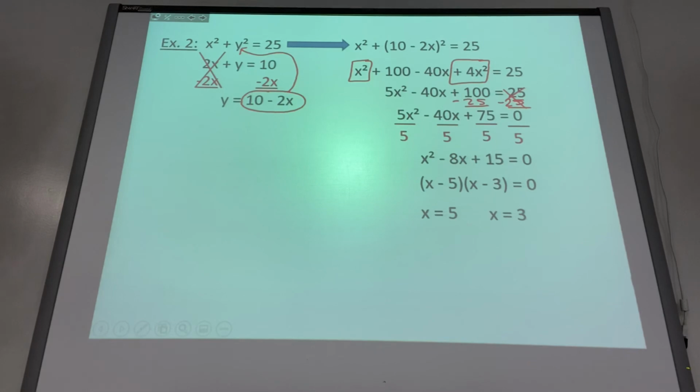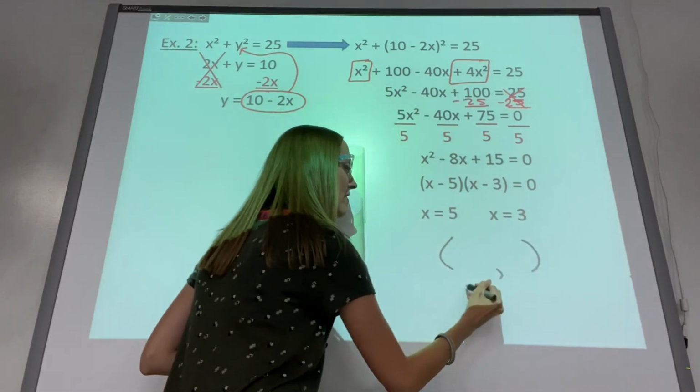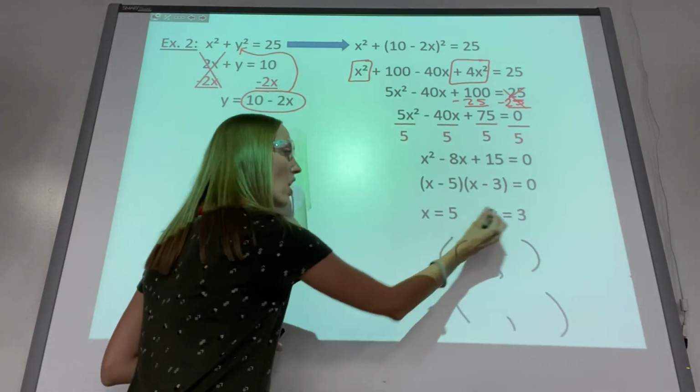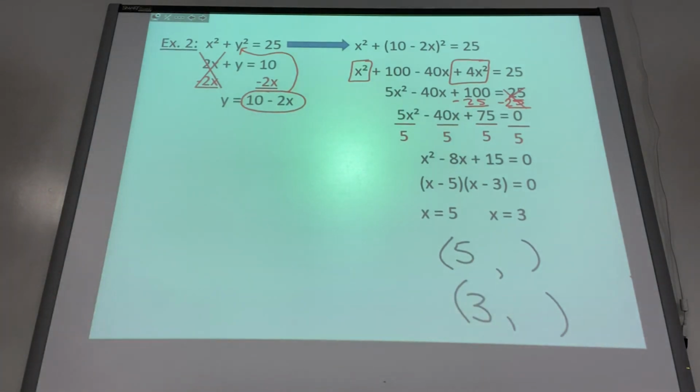I'm almost done. I do need to write these as ordered pairs, but I know as of now that there are 2 points of intersection. One of them has an x value of 5. The other has an x value of 3.